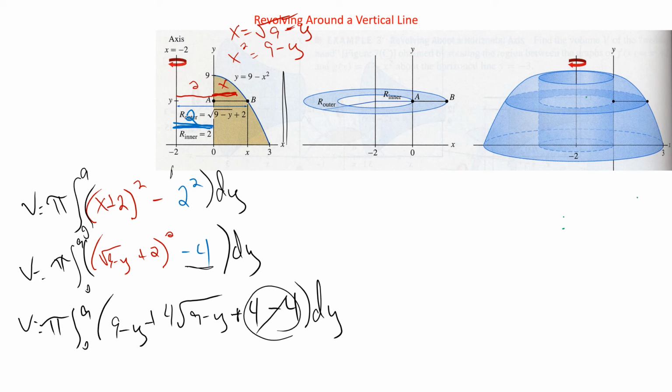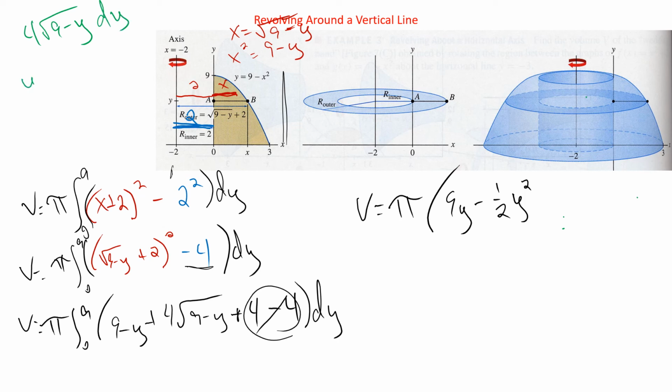Now we can do the antiderivative. Volume equals pi times the antiderivative of 9 is going to be 9y minus 1/2 y squared plus, that one we're going to need some u-substitution. So I'm going to come up top here. I'll switch to green. We have 4 root 9 minus y dy. We could have u equal 9 minus y, which means du equals negative dy.